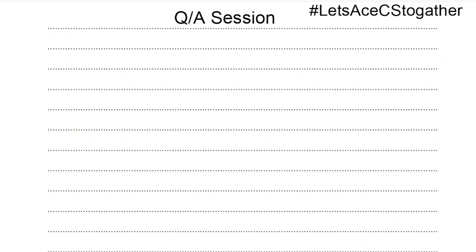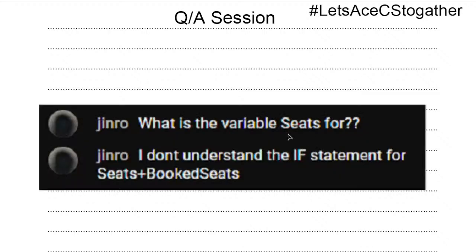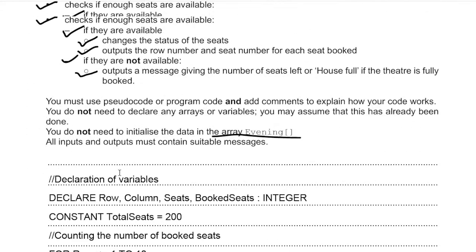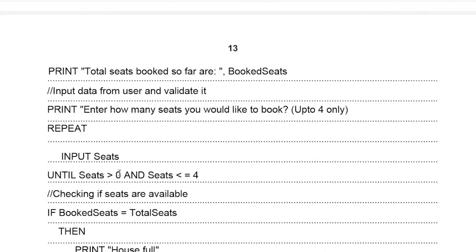Moving on to the next question. Someone has asked, what is the variable seats used for? I've used the variable seats in order to ask the user how many seats they want to book.